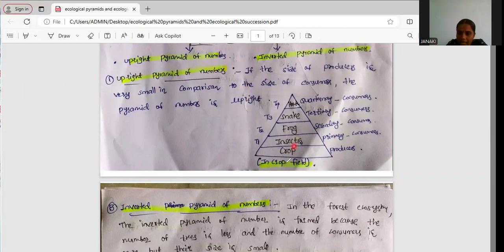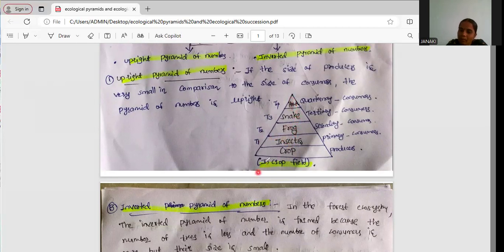See the diagram of a crop field. In the crop food chain: crop, insects, frog, snake, hawk. The crop is eaten by insects, insects are eaten by frog, frog is eaten by snake, and snake is eaten by hawk.